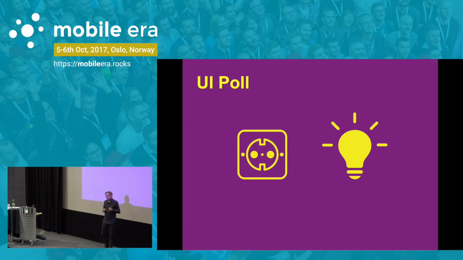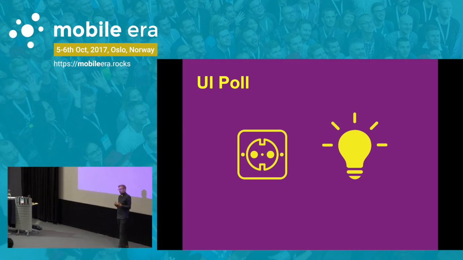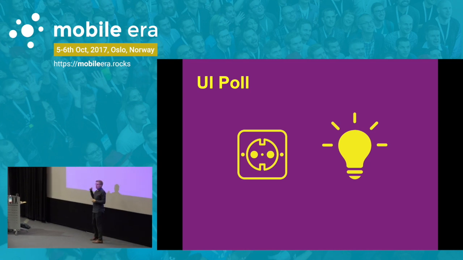So, for example, here I have a wall socket icon and a lamp icon. That's pretty okay. I have a wall socket over there. That's the wall socket icon in the app. In the list of devices, you see a wall socket icon. That's good. Makes sense. And you have a light bulb icon for a light bulb, of course.